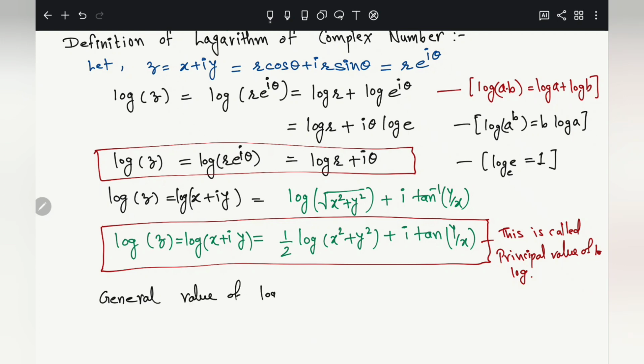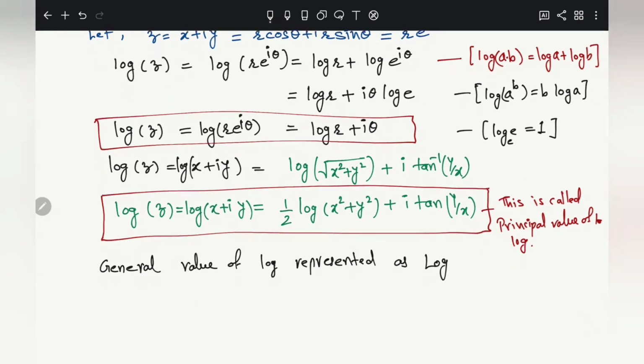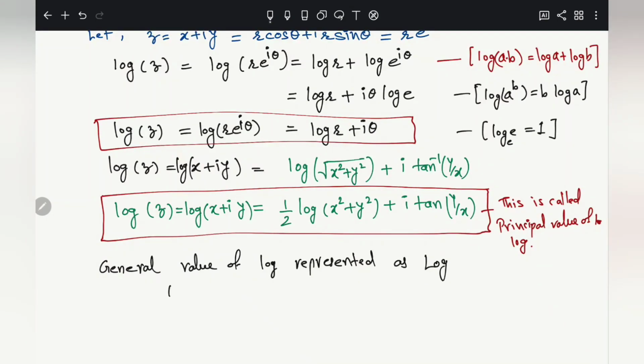the general value of log is represented as capital Log. So theta is taken as theta plus 2k pi.